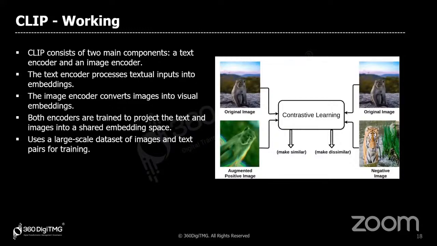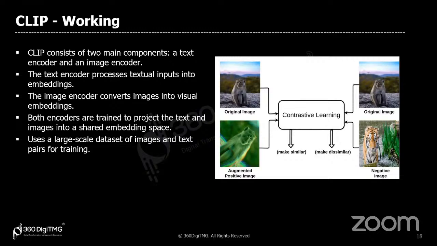So how does CLIP work? CLIP works on two main components. First is a text encoder. We convert text into the encoded format, and then we also use the image encoder. Here we take our image and convert it into a numerical format, like small pixels, which will be a numerical representation of the image.